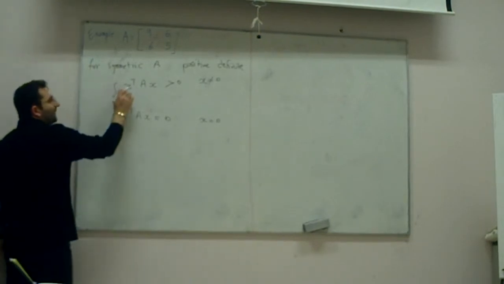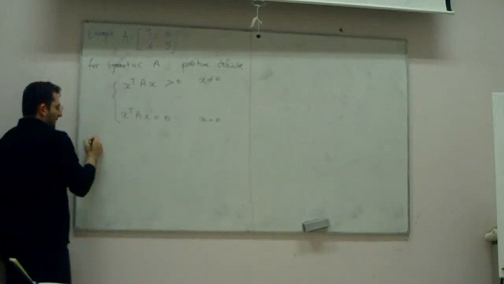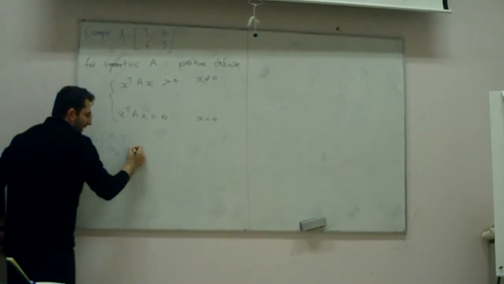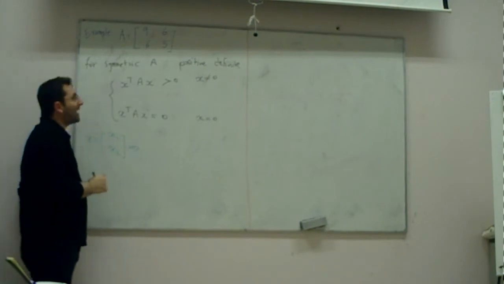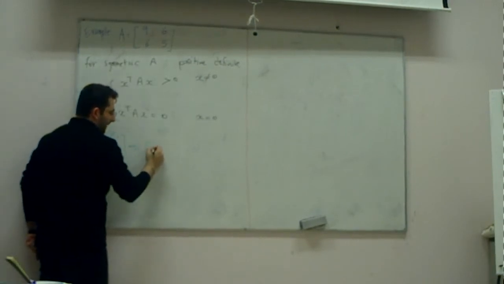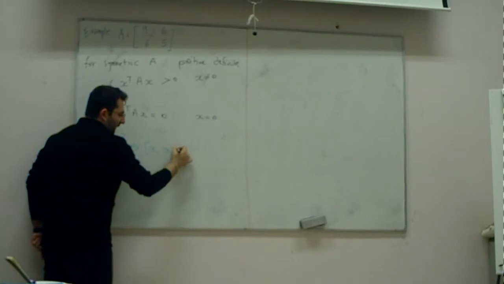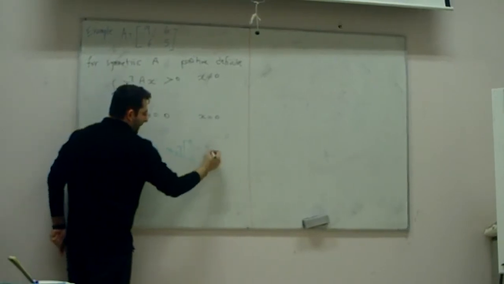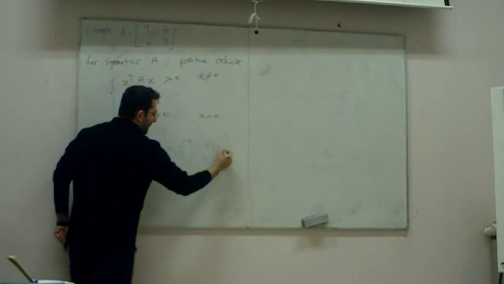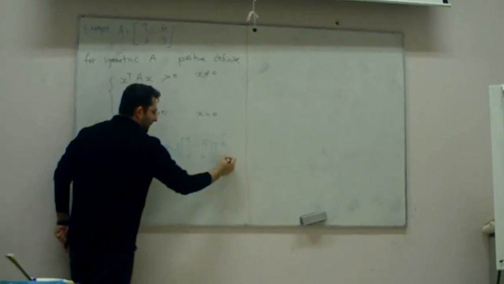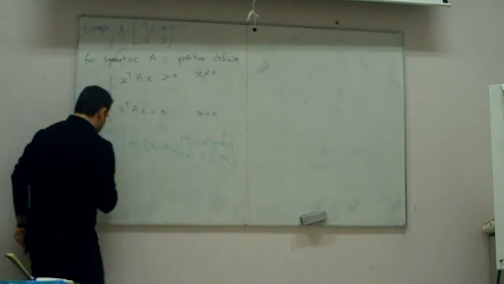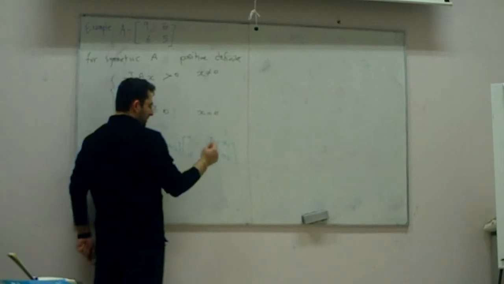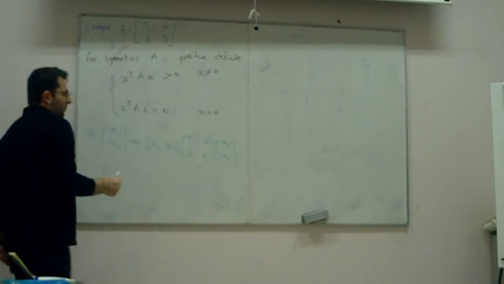We define X to be a vector of 2 by 1. Then X transpose is the row vector x1, x2, multiplied by A, multiplied by X itself, which is x1, x2. The dimensions are 1 by 2, 2 by 2, 2 by 1, giving 1 by 1.